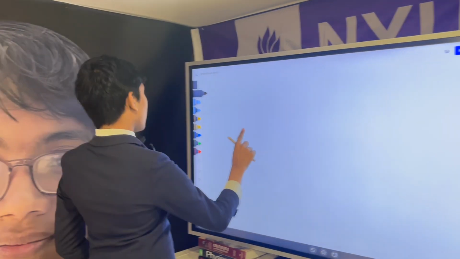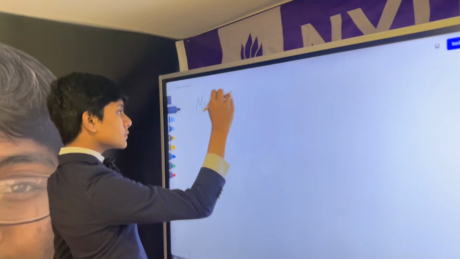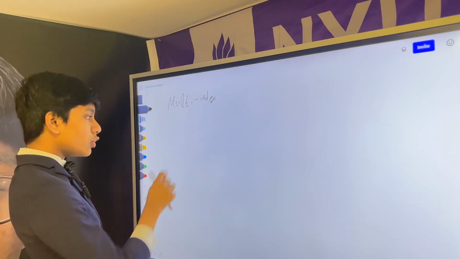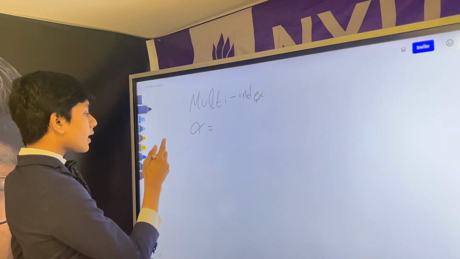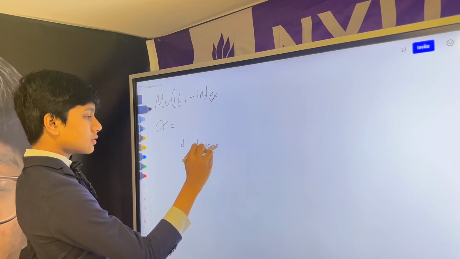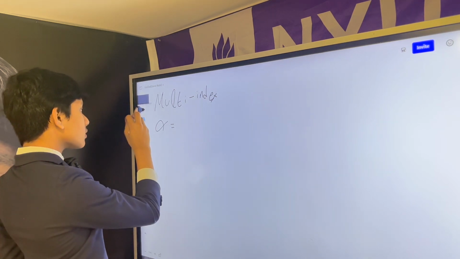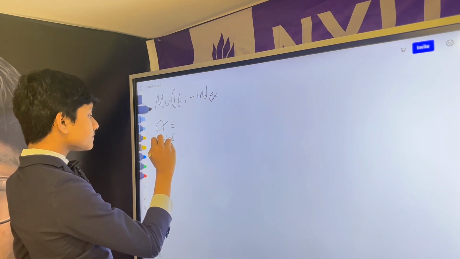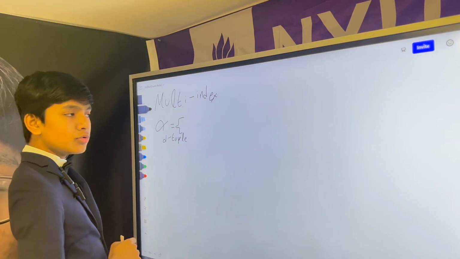Today we'll be doing a nice analysis exercise involving what we call multi-indices. A multi-index alpha in d dimensions is just a d-tuple.